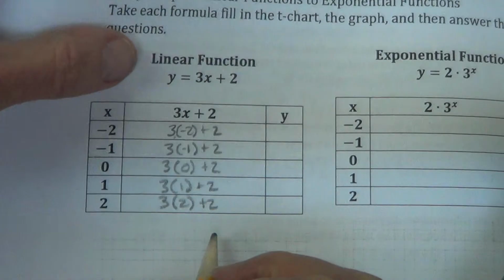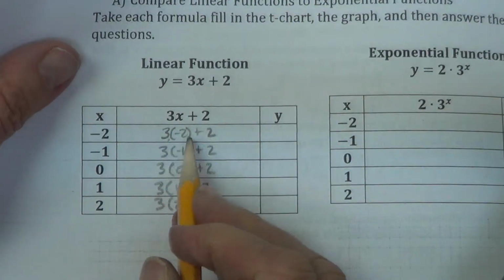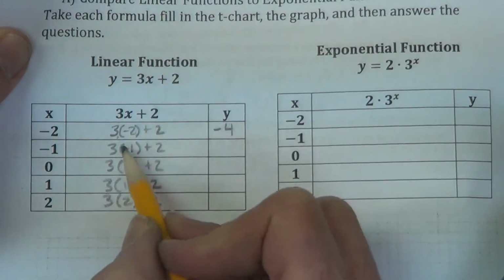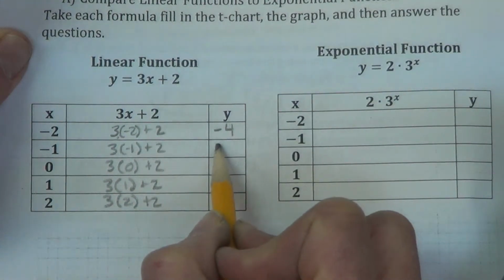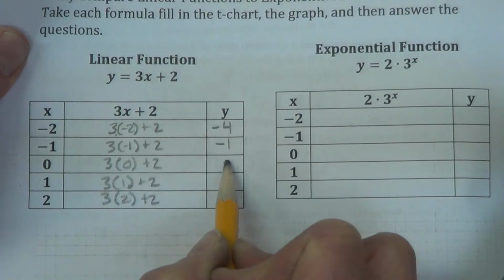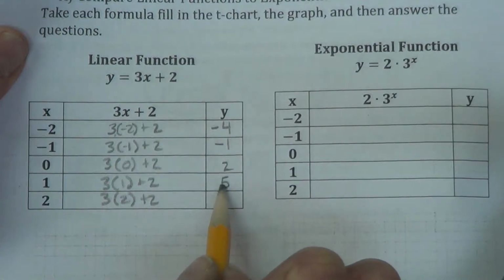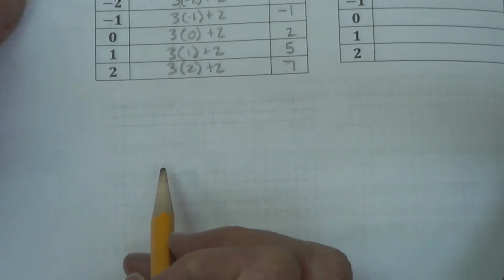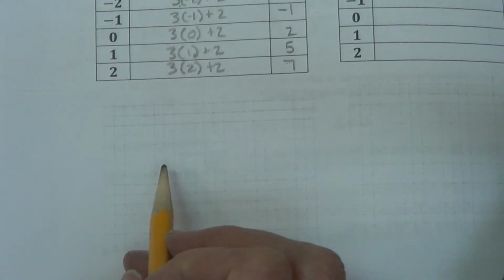Okay, now we multiply that out. 3 times -2 is -6 plus 2 is -4. -3 plus 2 is -1. Then 2, 5, 7.